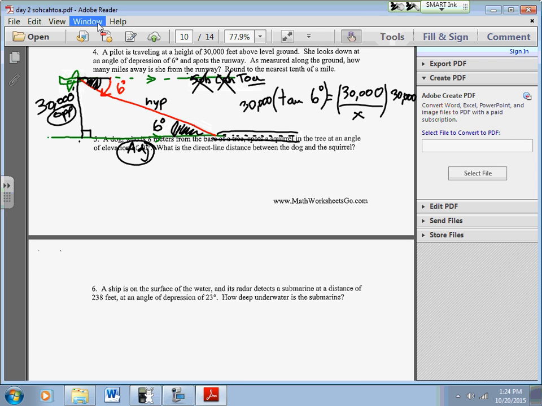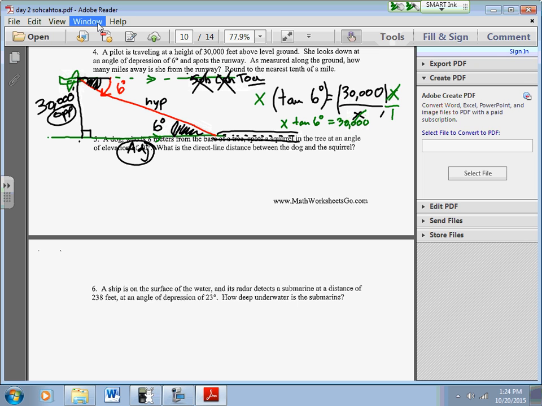See that? You're not canceling. So what you have to watch out for is you're not going to multiply by 30,000. You need to multiply by x on both sides. This one's on the bottom. That x with that x, those become 1. Same thing divided by the same thing is 1. That gives you x times tangent of 6 degrees is equal to 30,000.